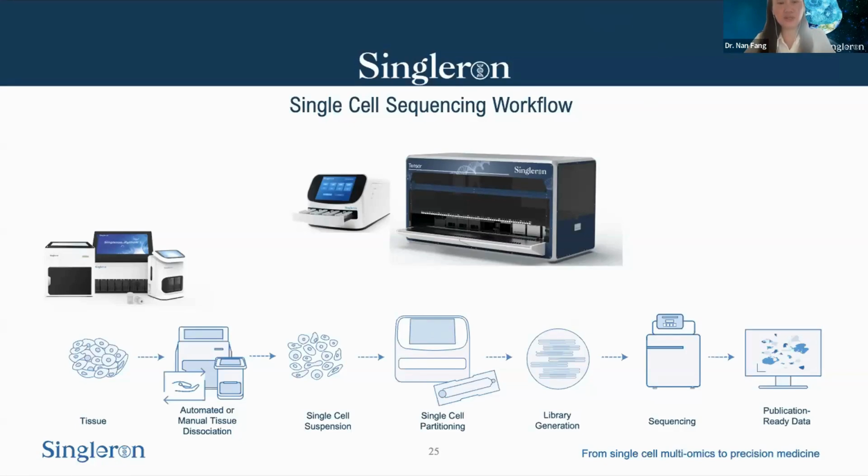So we normally recommend 100,000 reads per cell for PE 150 for the sequencing. But of course, if the saturation is still not very high, and you would like to sequence deeper, it would definitely also help the assembly and help to generate even more useful information.